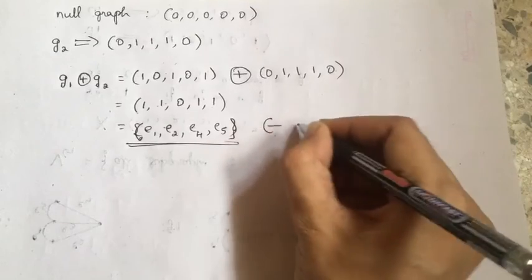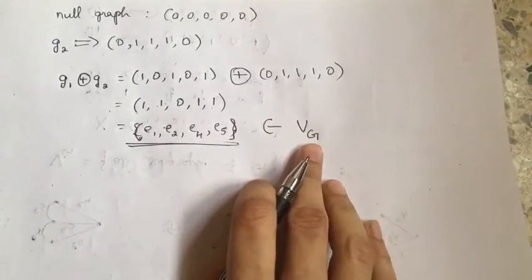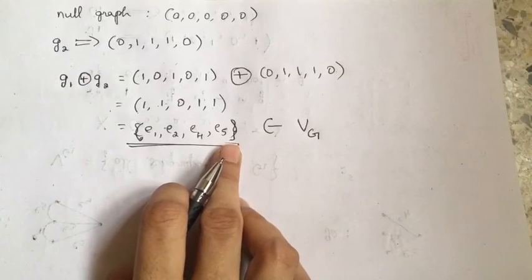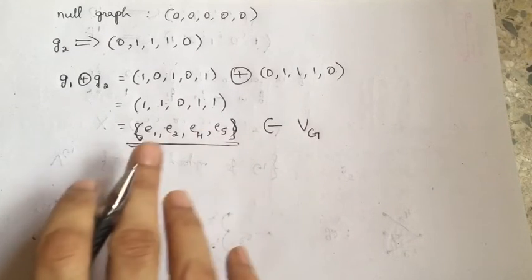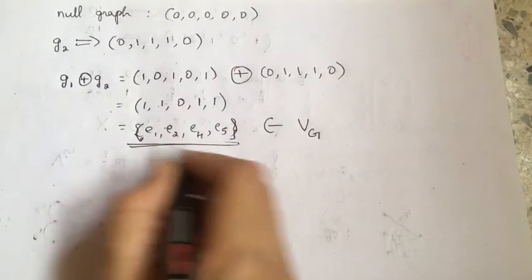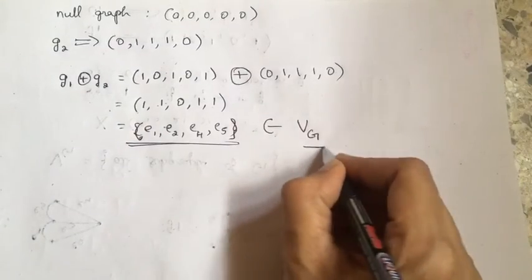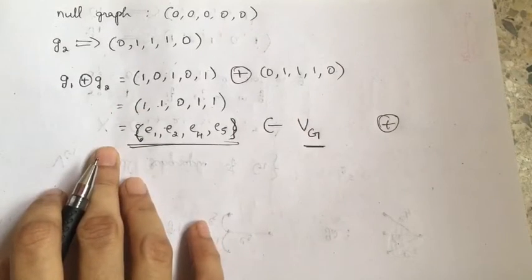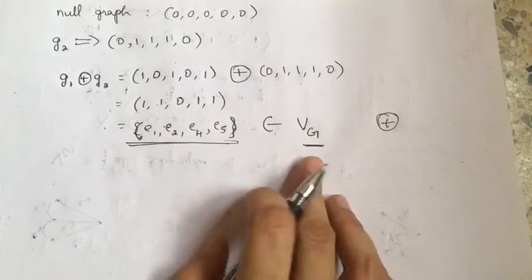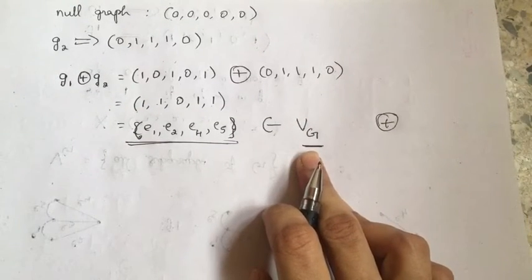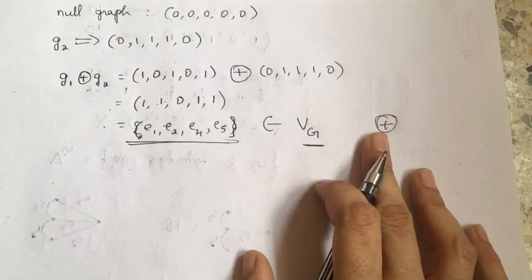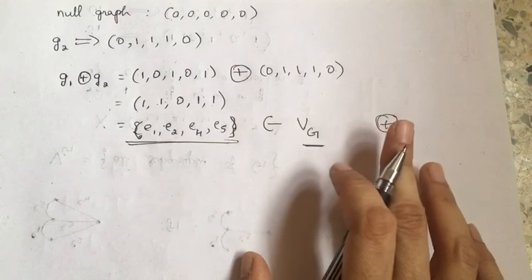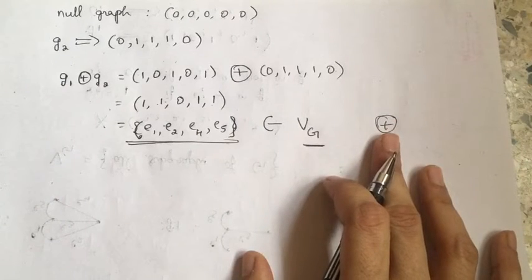This belongs to my VG. VG is the set of all subgraphs, so this also forms a subgraph. So we can show that VG forms an abelian group with respect to the ring sum operation. This is how we have to do the ring sum operation, and I can show that the set of all subgraphs forms an abelian group with respect to ring sum operation.